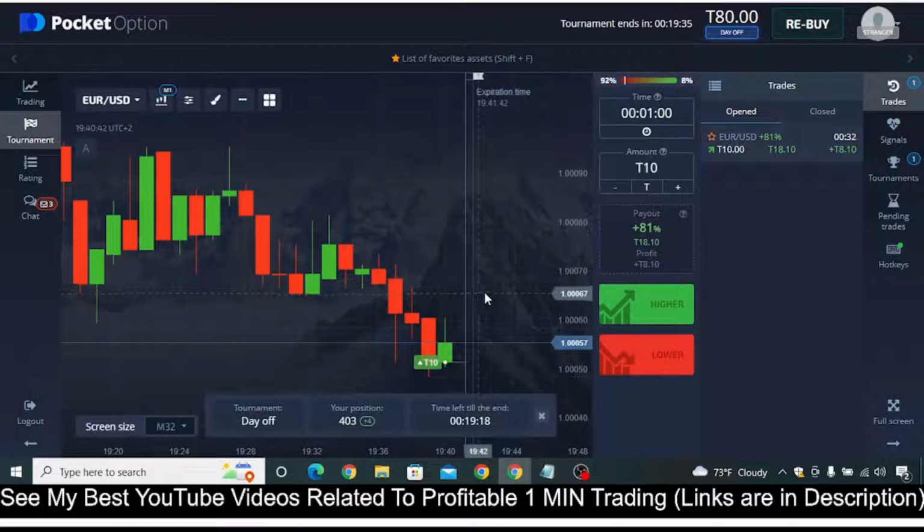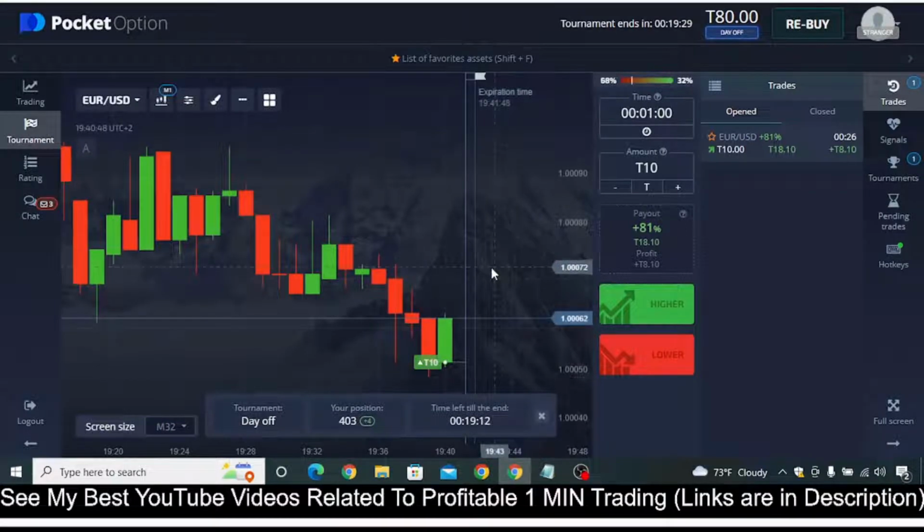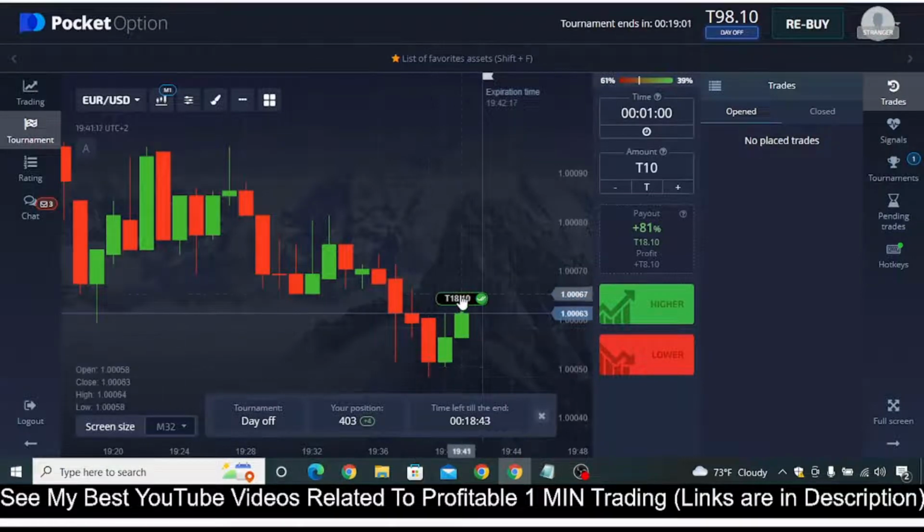So I made a trade by clicking on higher and the candle is above, and right after this trade is closed, I will explain to you what exactly this strategy is. I will cut the part until this candle closes. So as you can see here, we have made a profit right now.